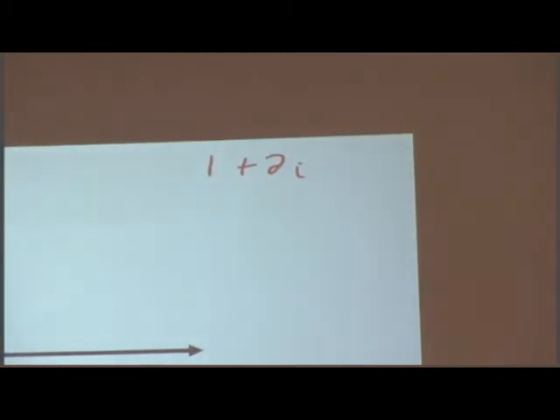So for example, taking the number 1 plus 2i. This number has two coefficients. It has an a, which is 1, and then a b, which is the coefficient in front of the imaginary number, which is 2. When we're graphing something in traditional Cartesian coordinates, we have an x and y coordinate. Now, with Gaussian primes, instead of an x and y axis, we have a real axis and an imaginary axis.